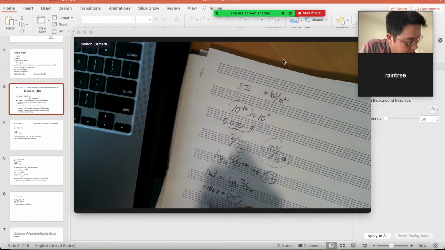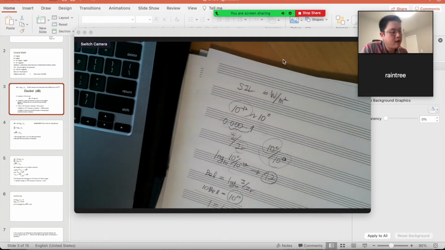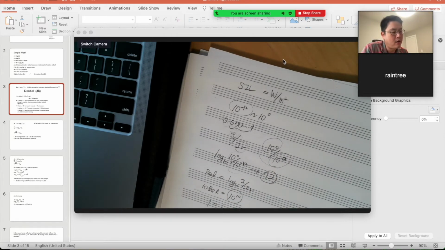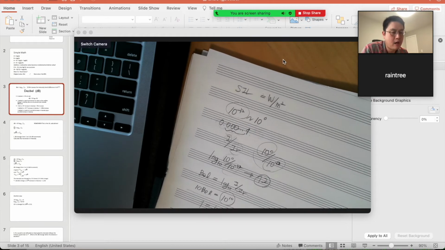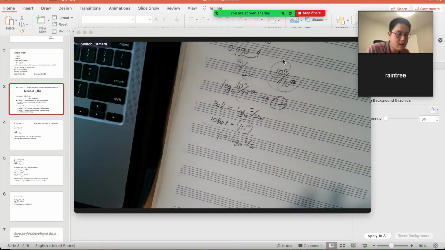And one bell means log 10 of I over IR equals 1, so it means our sound intensity level is 10 times larger than the reference sound intensity level, which is still large, because just increasing one bell, our sound intensity level is already 10 times larger than the reference sound intensity level.